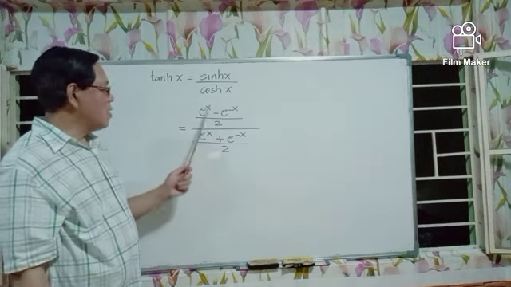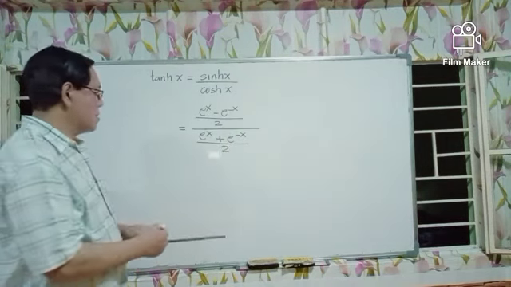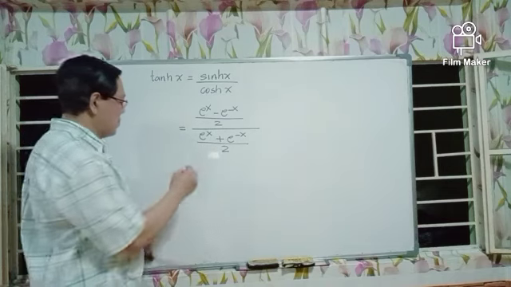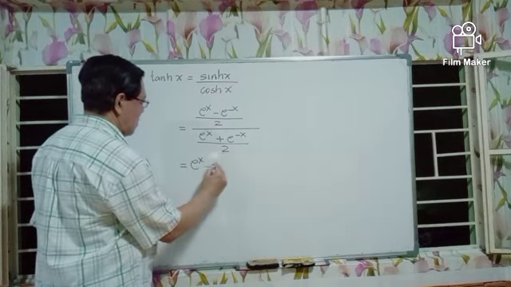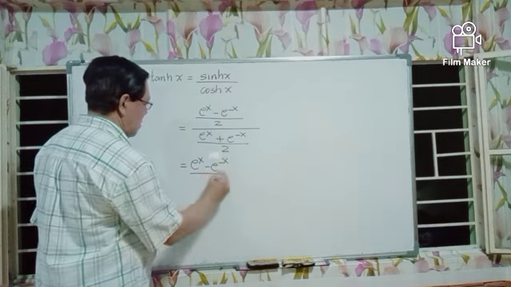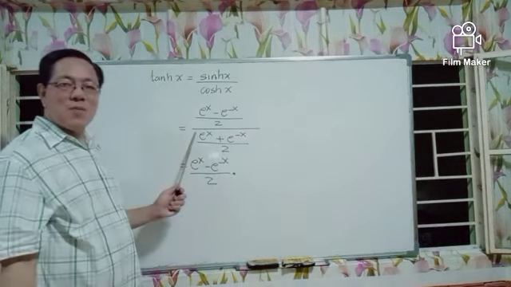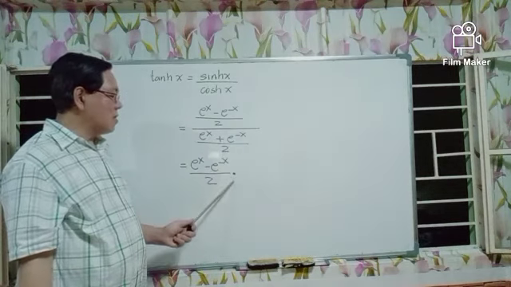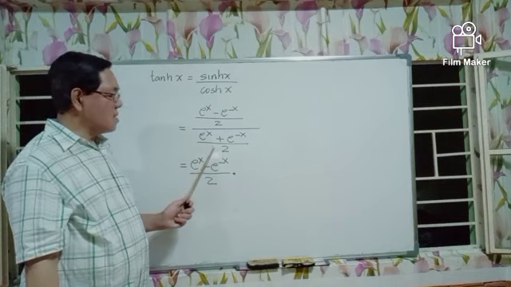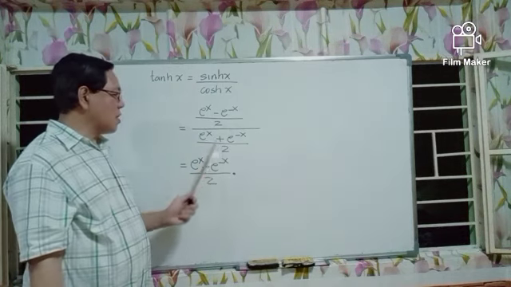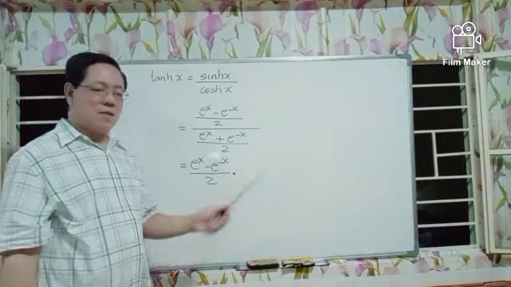The numerator is e to the x minus e to the minus x all over 2. We change division to multiplication, and we take the reciprocal of the denominator. The reciprocal of this expression is 2 over e to the x plus e to the minus x.